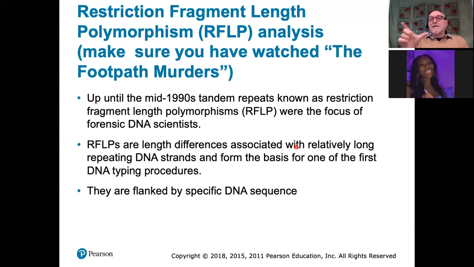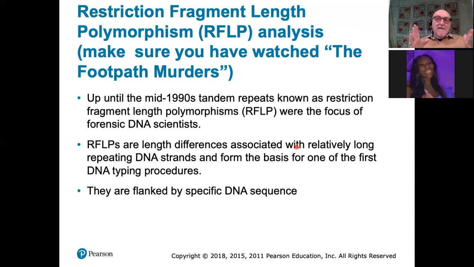The very first type of analysis which was done is called restriction fragment length polymorphism. Now, that also looks at an area of the DNA where there are lots of repeats. And again, there's tremendous variability, and they do it for a couple of different sites in that instance.